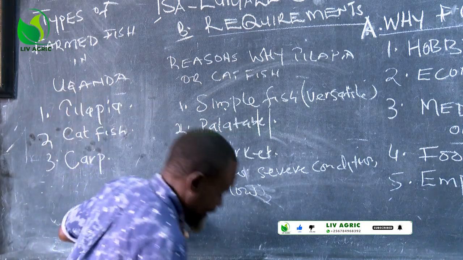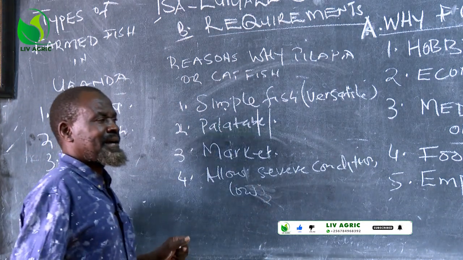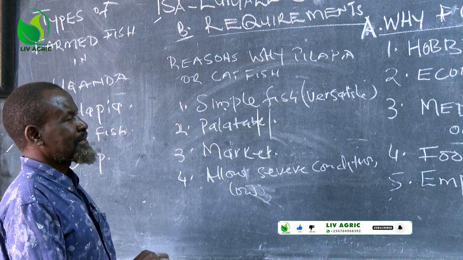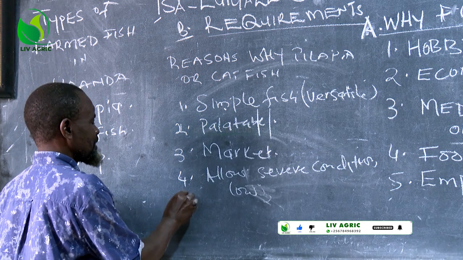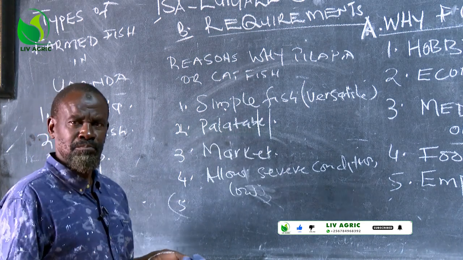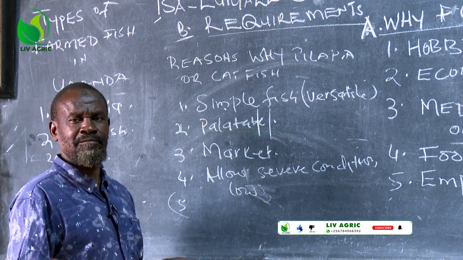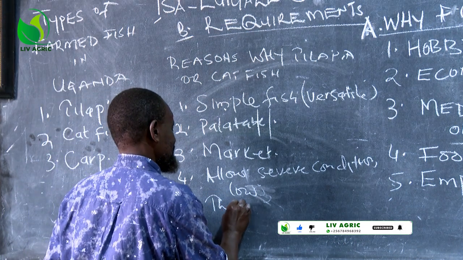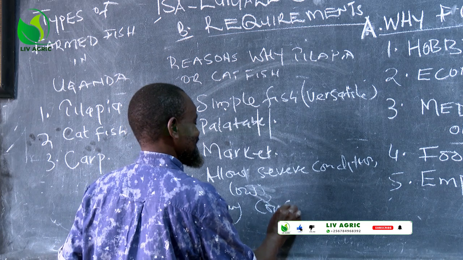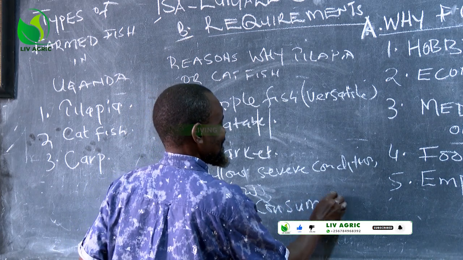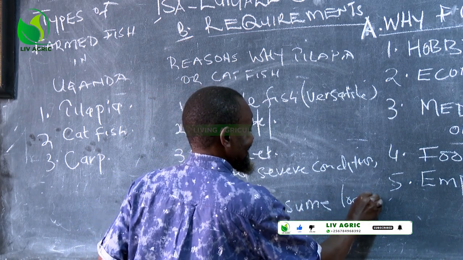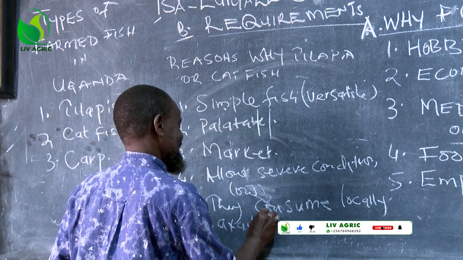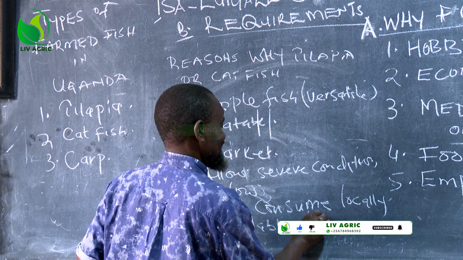Those are the reasons why we go into tilapia and catfish farming. Another important one is they consume our locally available feeds.